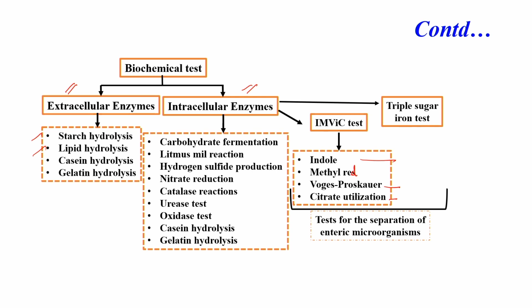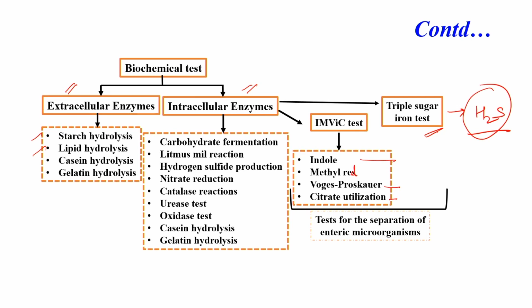In addition, there is another test, that is the triple sugar iron test. So, triple sugar iron test is a biochemical test used to differentiate gram negative enteric bacteria based on their ability to ferment sugar and produce H2S, and this H2S is particularly detected by this iron solution.